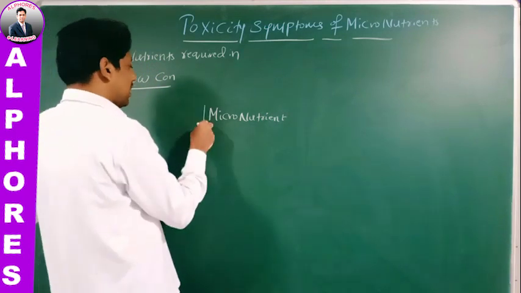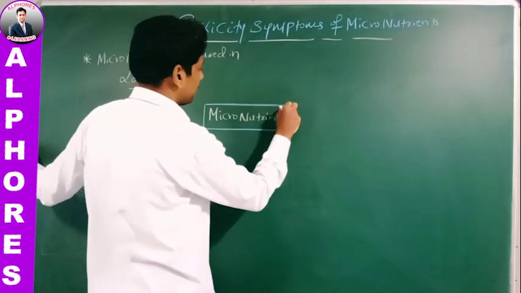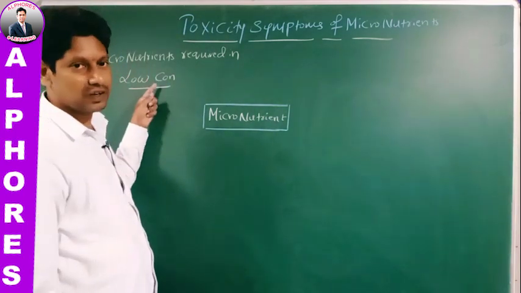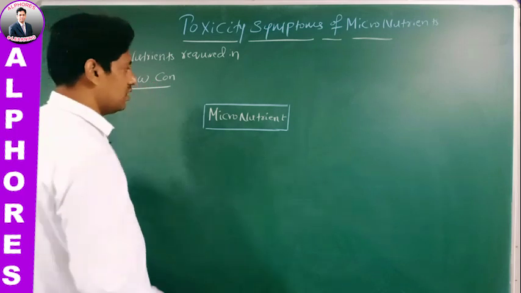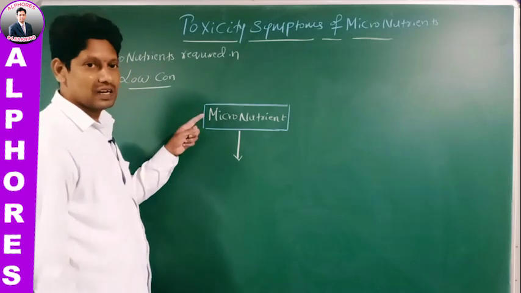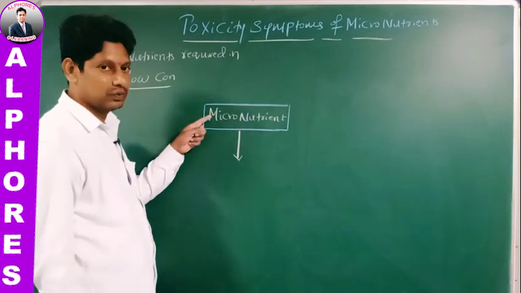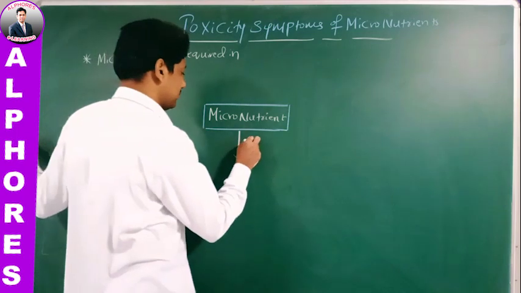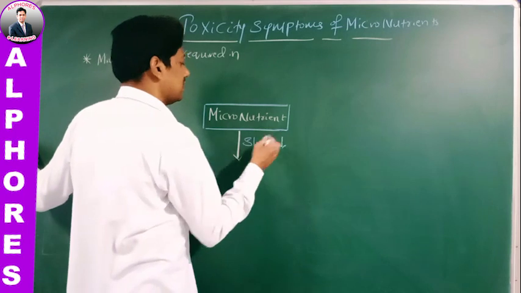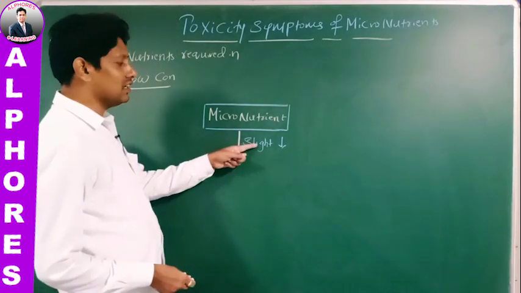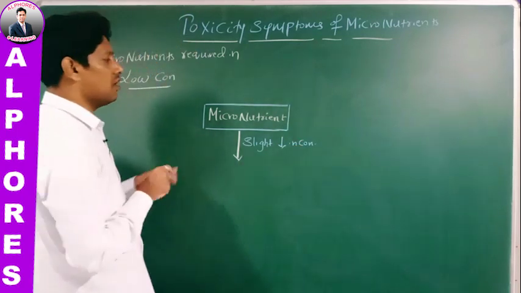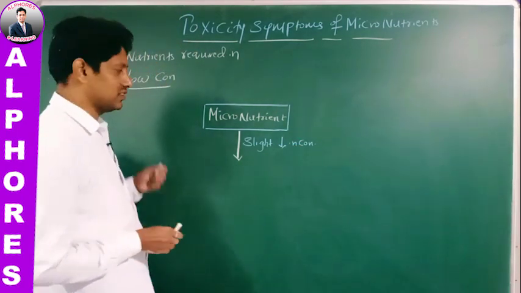A micronutrient means it is required in low concentrations for growth and development of the plant. Yes or no? Sir, a slight decrease in the concentration of a micronutrient, what happens?